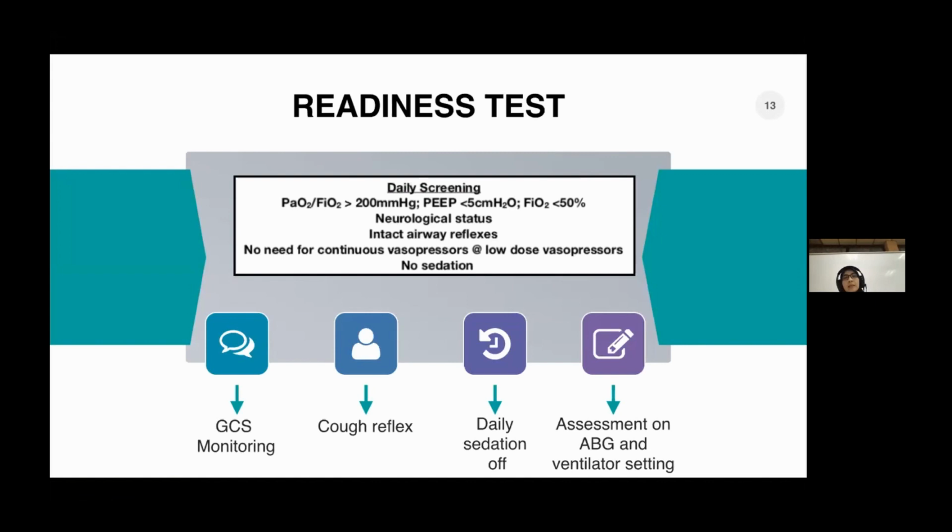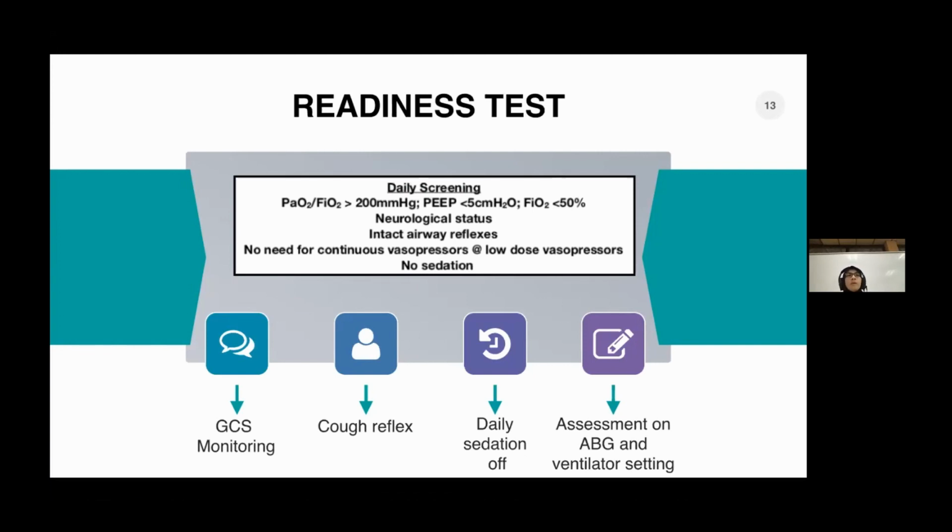The patient must not be on continuous sedation, meaning that the sedation has been off a few hours earlier. The patient is able to follow your command. There is no requirement for sedation in these types of patient. So all of these parameters suggest that this patient can go for the next stage, which is the spontaneous breathing trial.